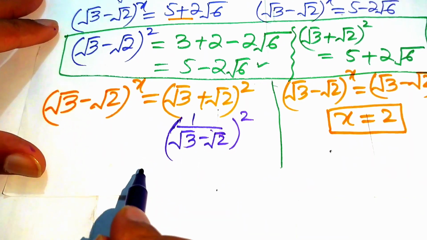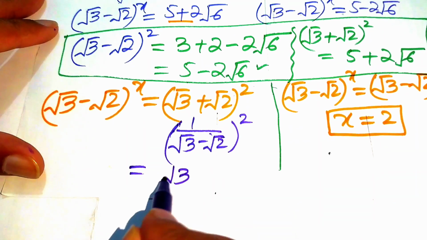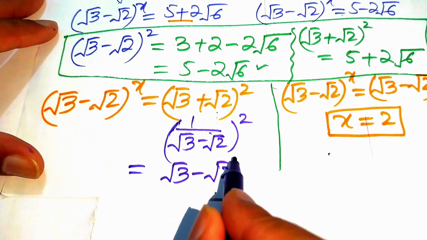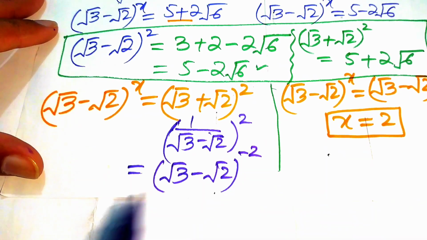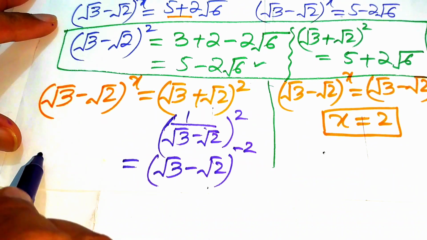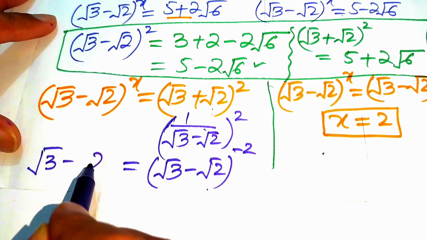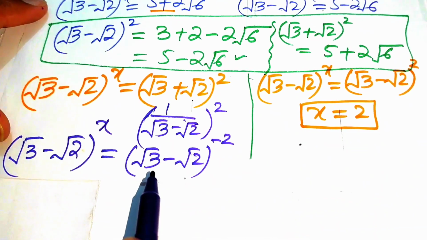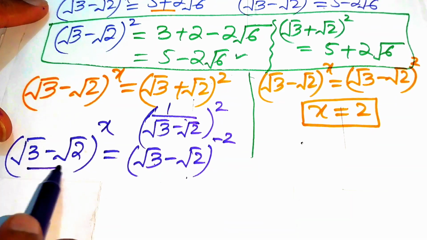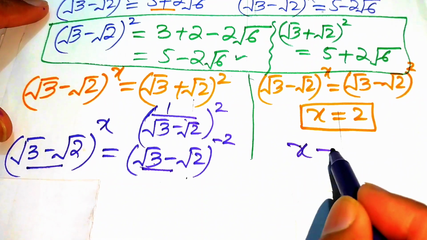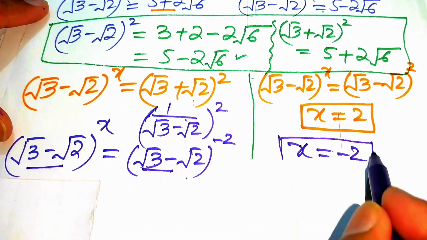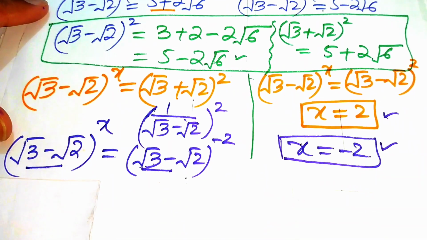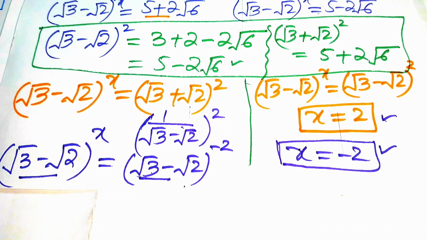When we move this to the above side, it is written as square root of 3 minus square root of 2 and its whole power minus 2. Now we compare both sides and, because the bases are the same, we get the other value x equals minus 2. So these are the two solutions of the given equation, and this is the final answer.